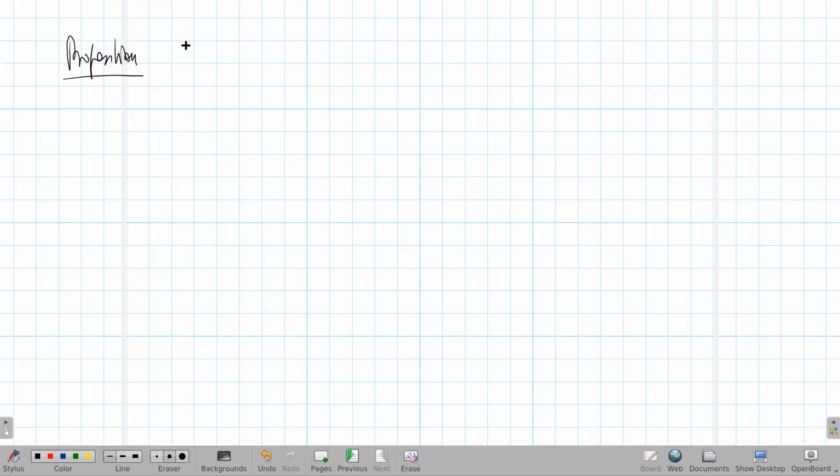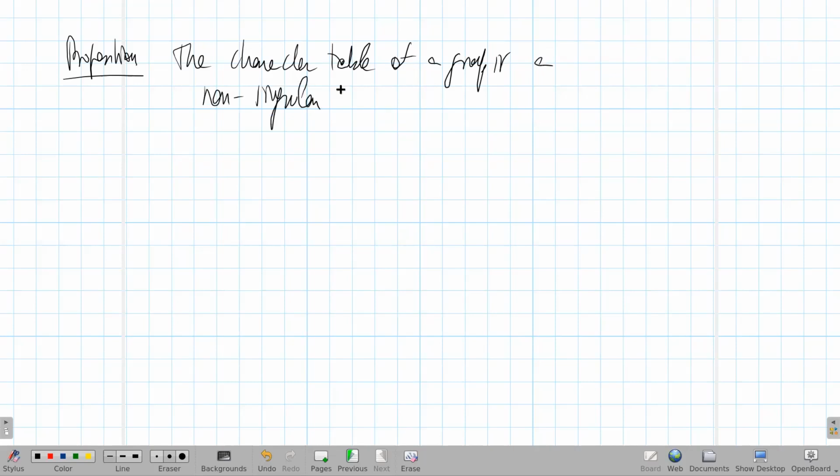Proposition: the character table of a group is a non-singular matrix. This is probably not important in itself. I'm not sure whether there are any applications, but a variation on it will be important.